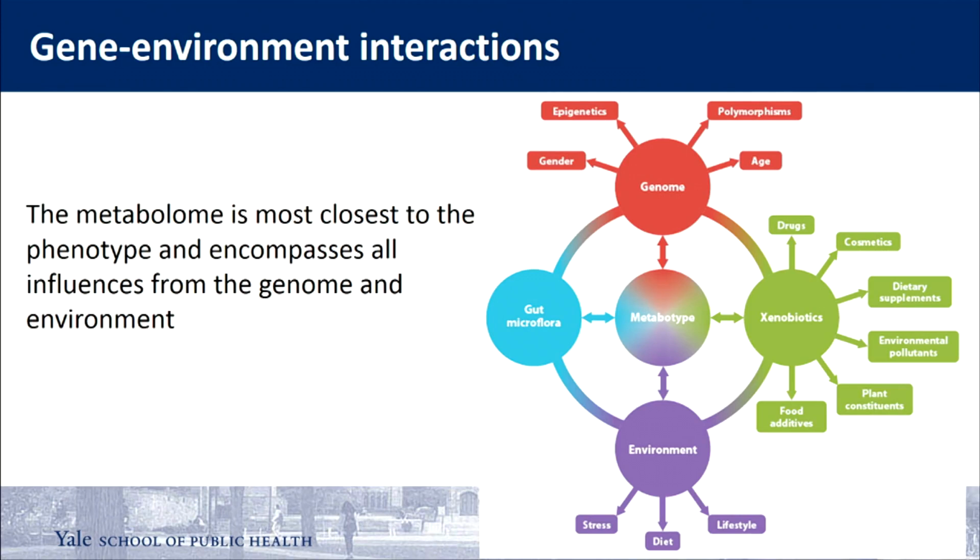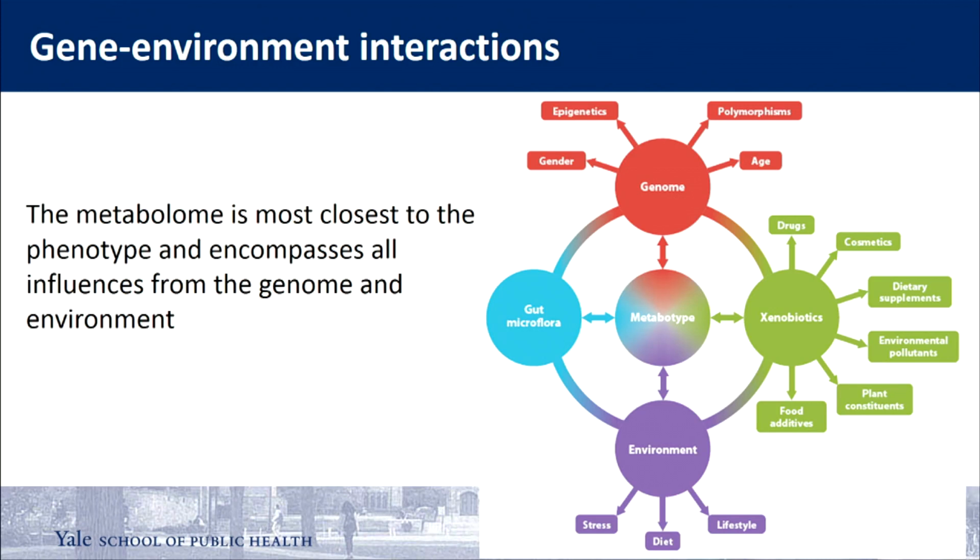Of course, we have a great interest in the metabolome. The metabolome is the closest to the phenotype and encompasses all the influences from the genome to the environment. Here is our metabolome. We have the gut microbiota. We heard a lot about the genome, and we also heard from the first talk about the gut microbiome to a certain extent.